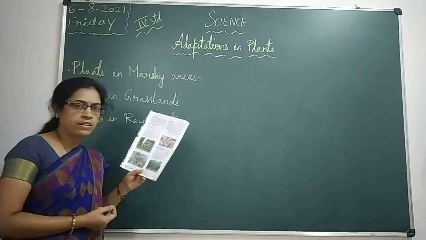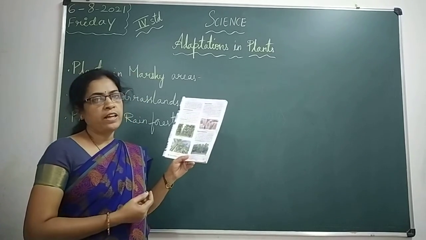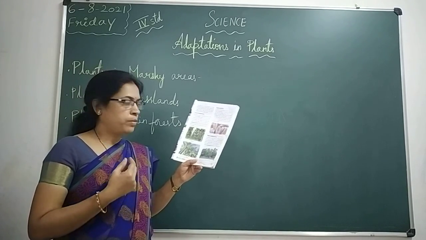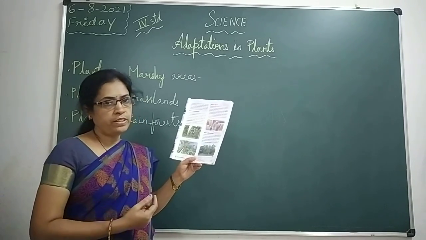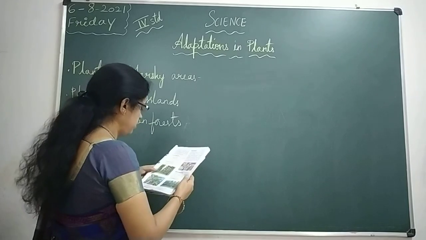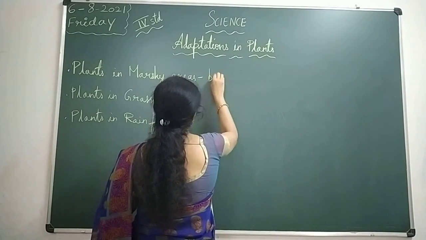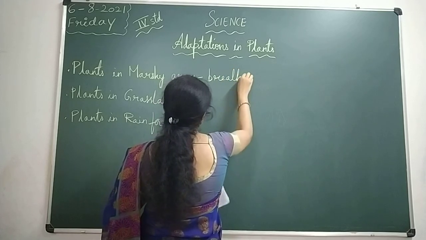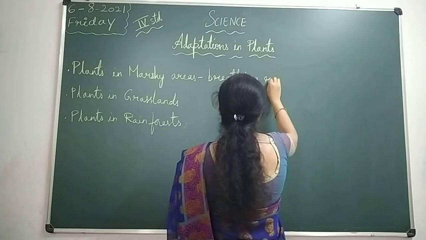So the plants growing in these areas have roots that grow above the soil to breathe in air. Such roots are known as breathing roots. What are they known as? Breathing roots. You can see it in mangroves.